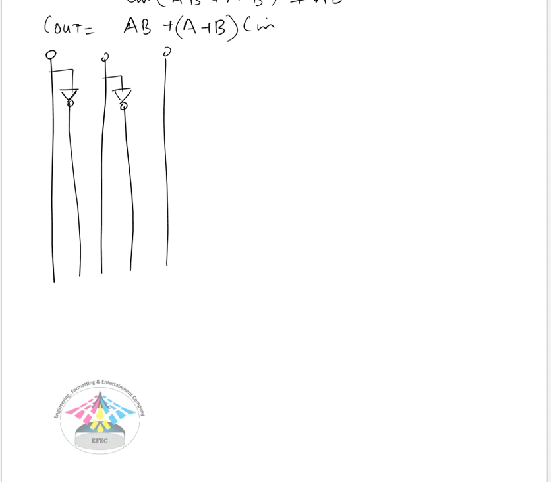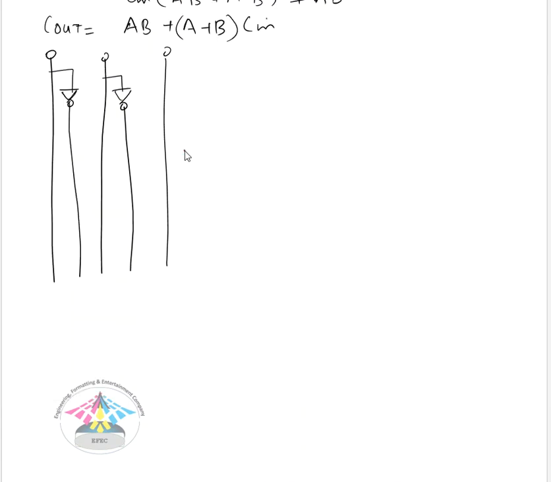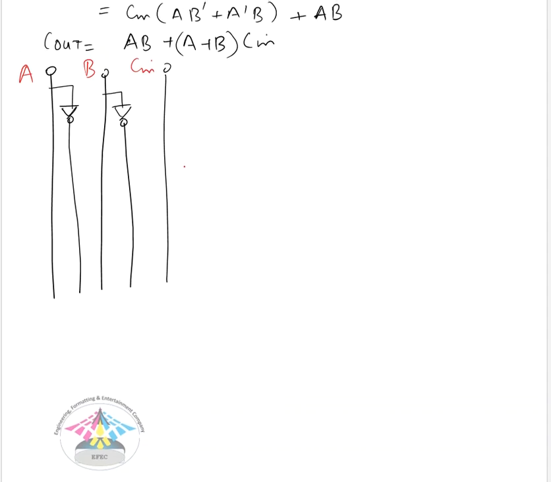So the first term, let's implement it using two-input gates. So this is my A, this is B, this is Cin. The first term could be generated by AB', so this is A, this is B', and this would give us AB'.